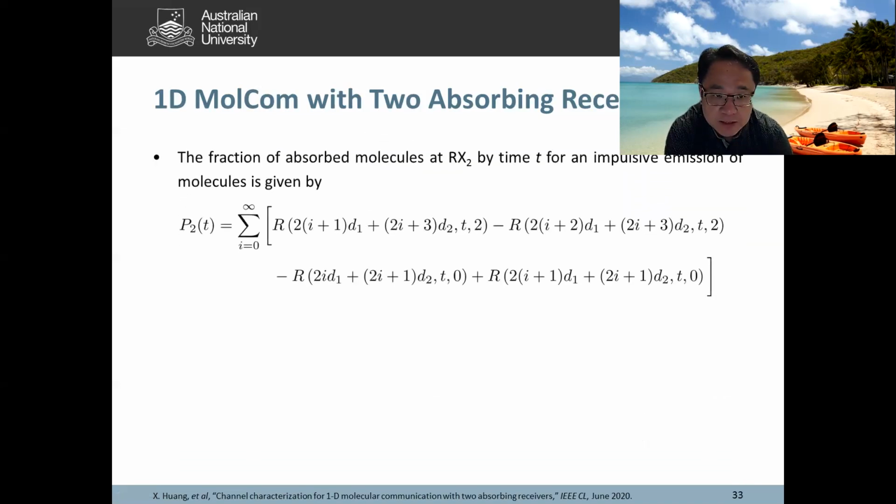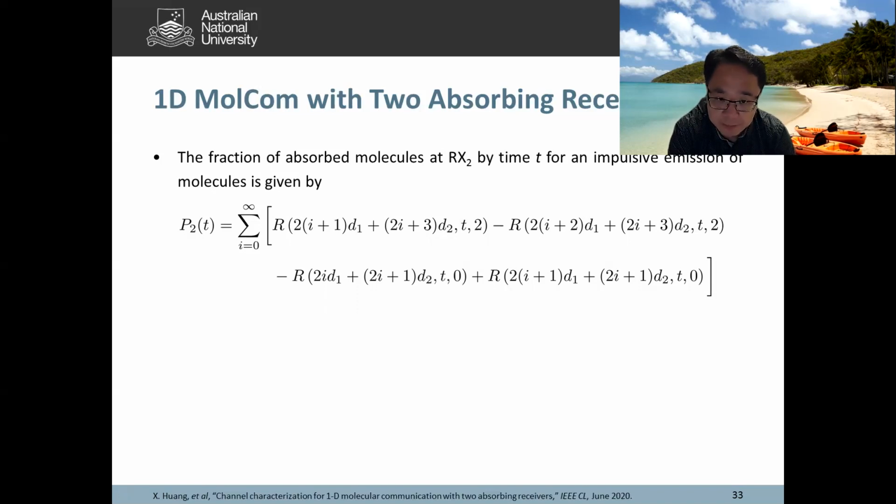And for this system, we derive the fraction of absorbed molecules at receiver 2 by time t for impulse emission of molecules. This fraction of the received molecules at receiver 2 is given by this expression. If the total number of released molecules is fixed, then once we derive the fraction of absorbed molecules at receiver 2, we can easily know the absorbed molecules at receiver 1 because it equals the difference.